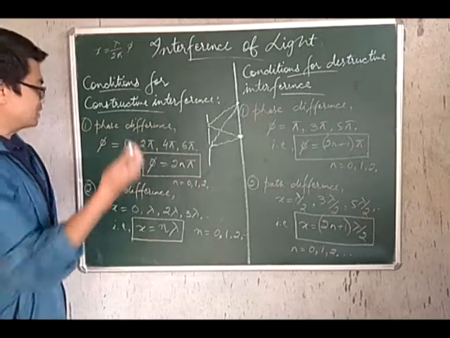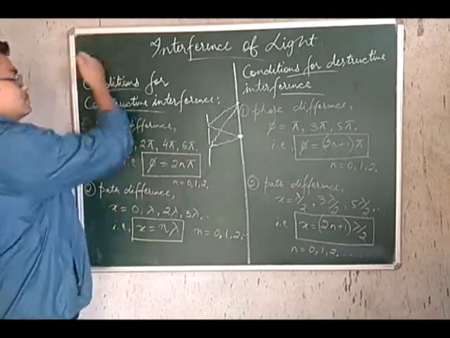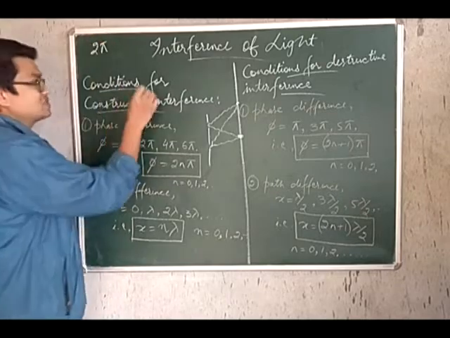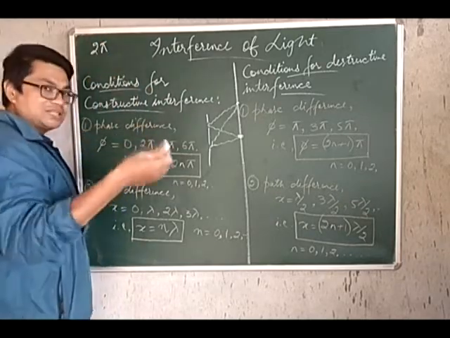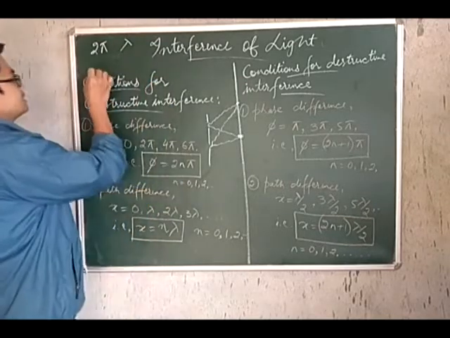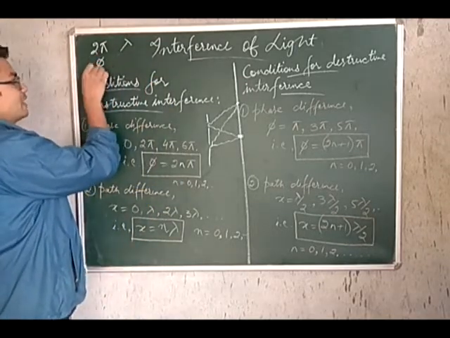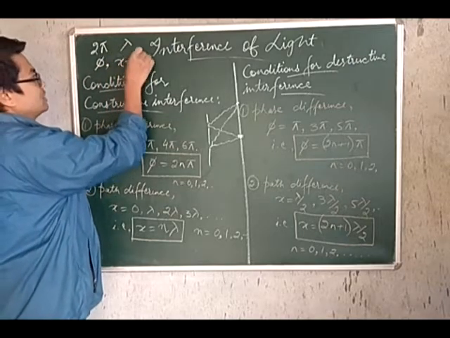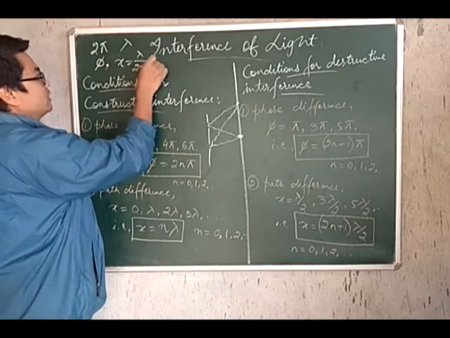Remember, a phase difference of 2 pi corresponds to a path difference of lambda. And a phase difference of phi therefore corresponds to a path difference of x, which is equal to lambda by 2 pi into phi.